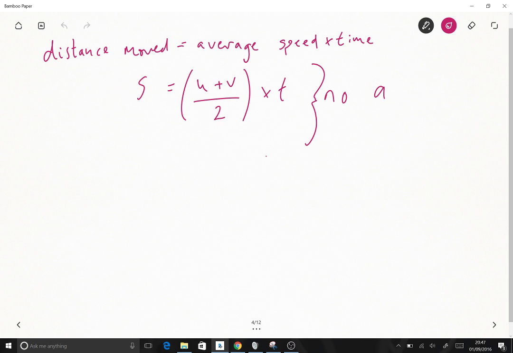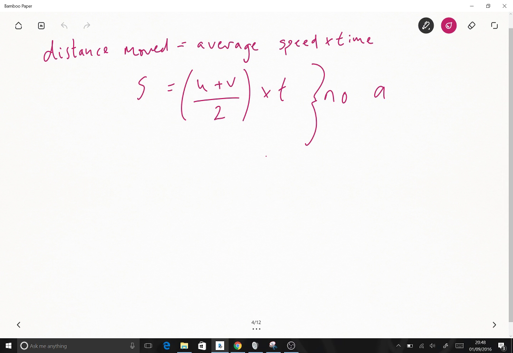So, moving on, distance moved is your average speed multiplied by your time. So the distance moved is the displacement. This is a very basic equation. Moving it forward, we can define the displacement rather than the distance moved. And remember, distance is a scalar and displacement is a vector.